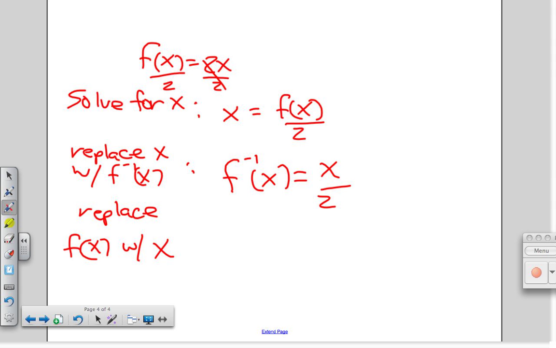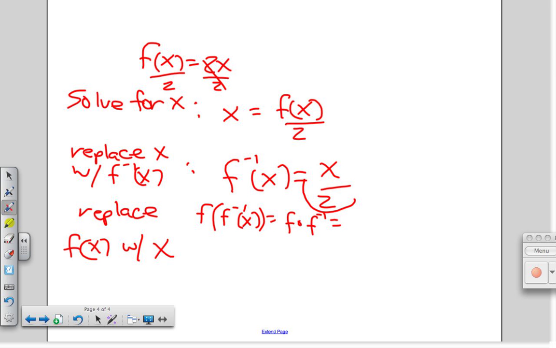One last thing that I'd like to show is when we compose the functions, and a couple things I want to show. So let's talk about composing a function. So we take a function and compose it with its inverse. So f of f to the minus 1 of x, which you may also see written sometimes as f composed f to the minus 1. And what we do is we take f to the minus 1 of x and stuff that into the variable for our function.